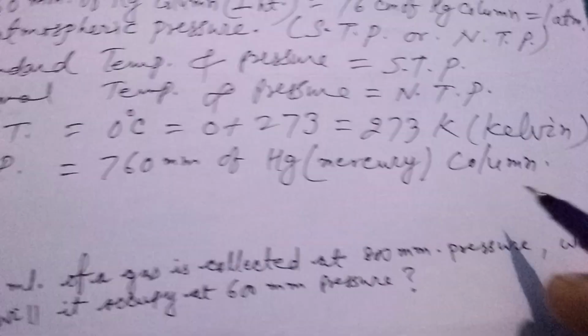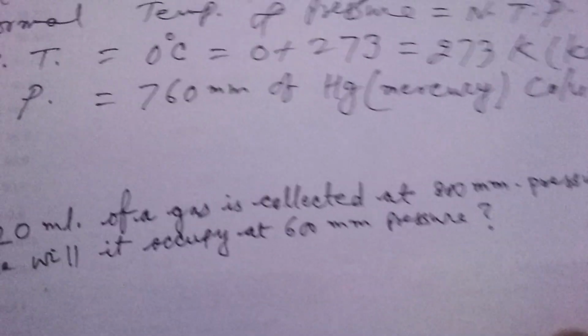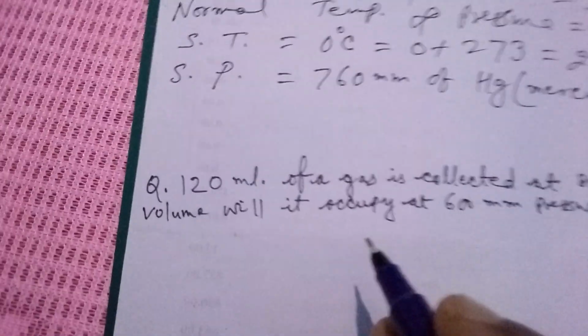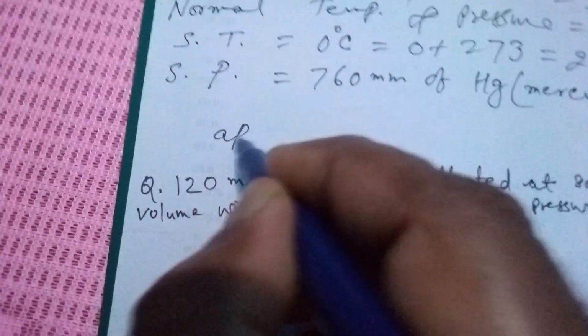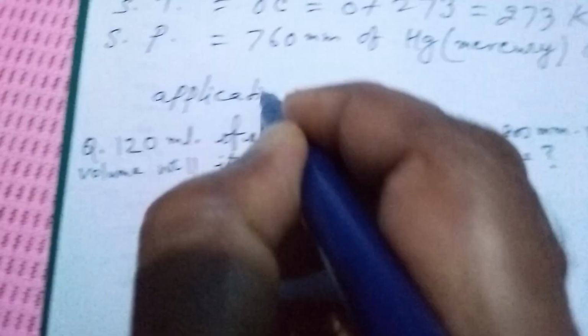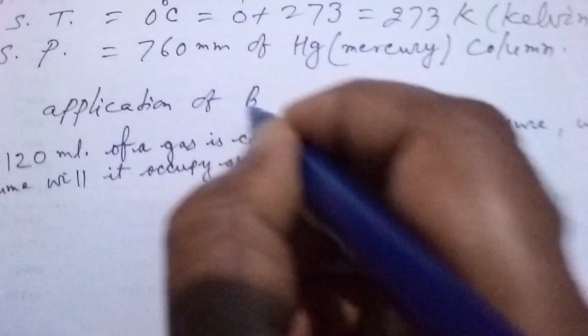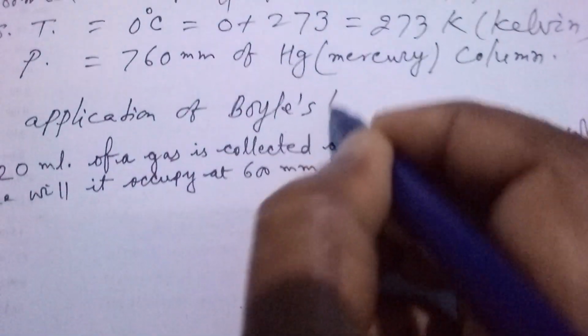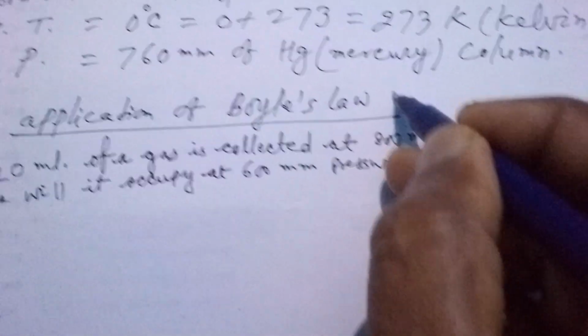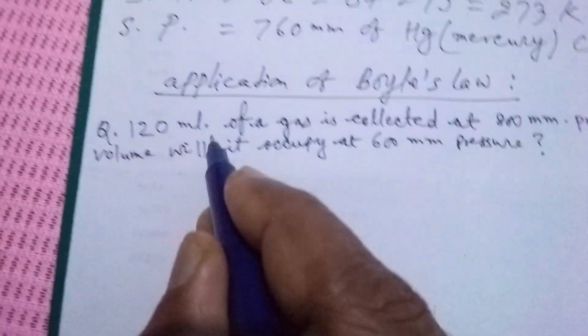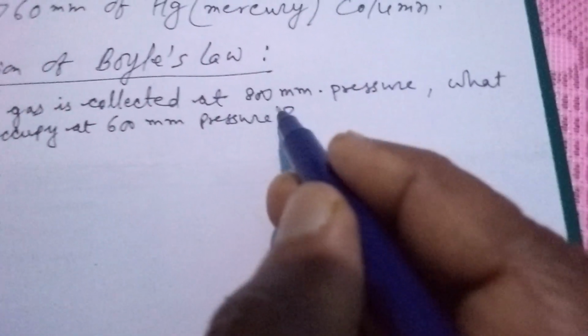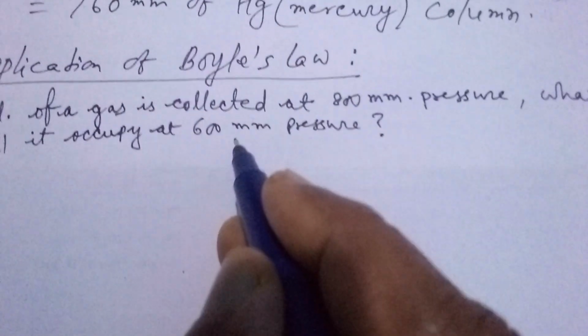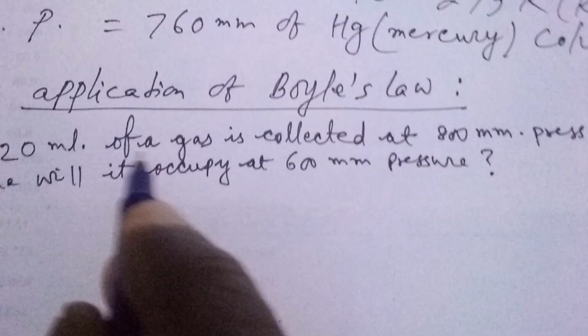Okay. Now one question, I am explaining to you how to solve this, how to use it. Application of Boyle's law. And the question is: 120 milliliter, ml stands for milliliter, of a gas is collected at 800 millimeter pressure. What volume will it occupy at 600 millimeter pressure? So what is given? 120 milliliter of a gas.